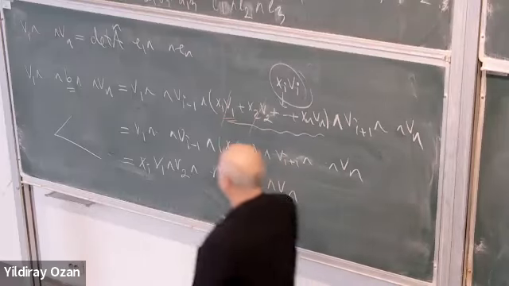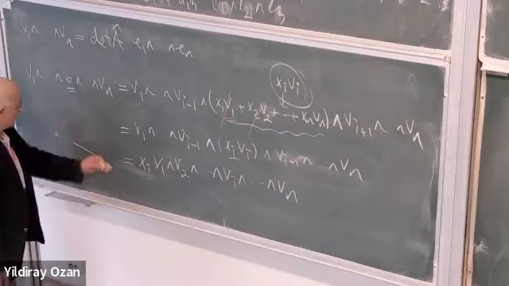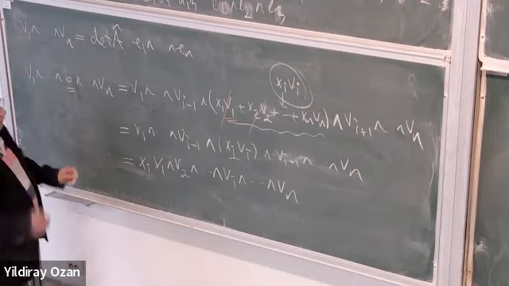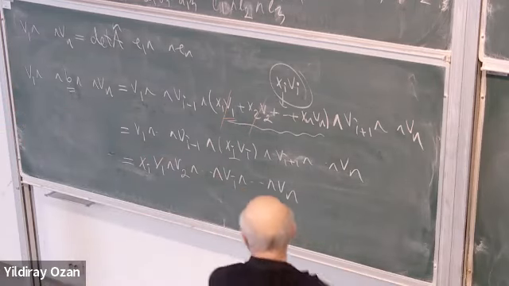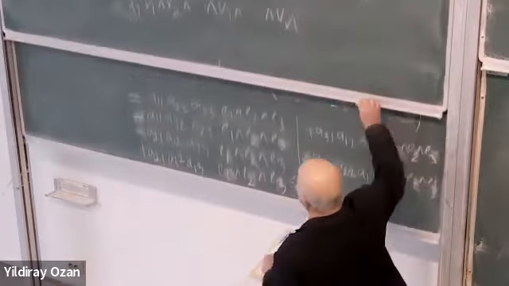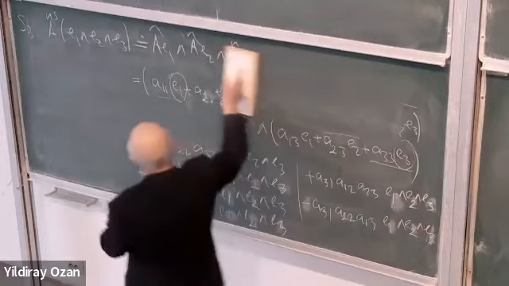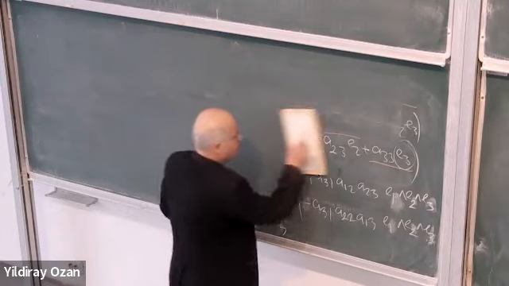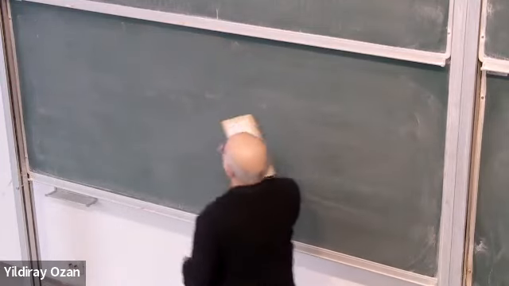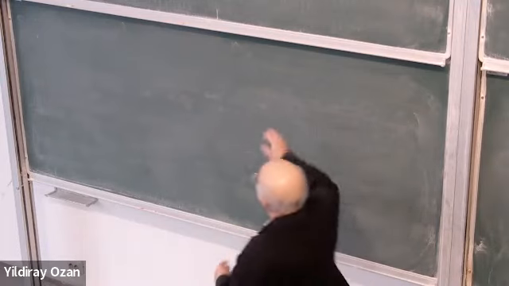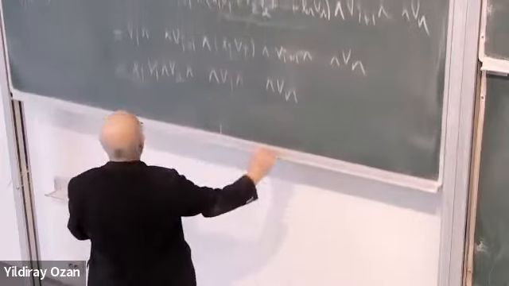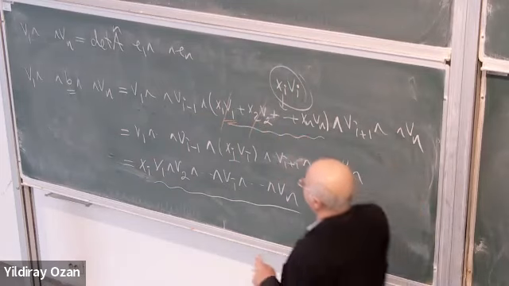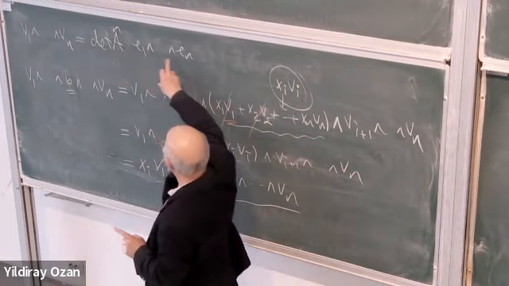So what we see is that this thing is nothing but the determinant of A hat times the equation, right?